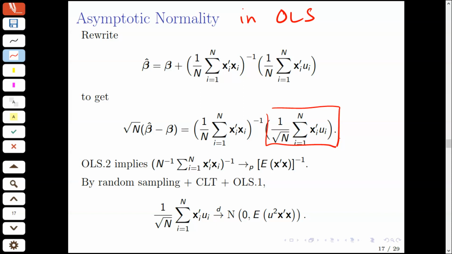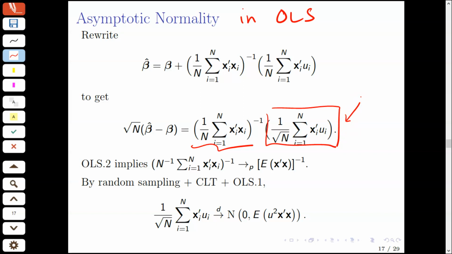We've already established that the first part here, this inverse, converges in probability to the inverse of the corresponding expectation. So all that's left to do is to look at this second term.